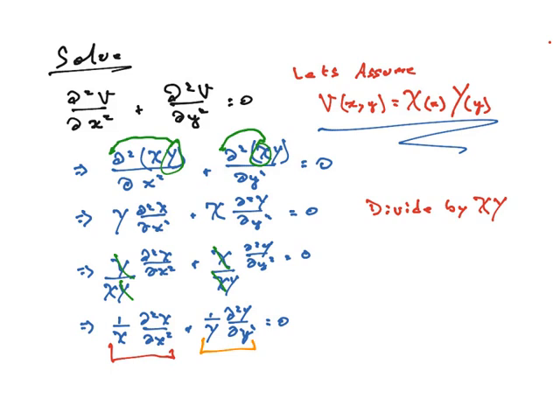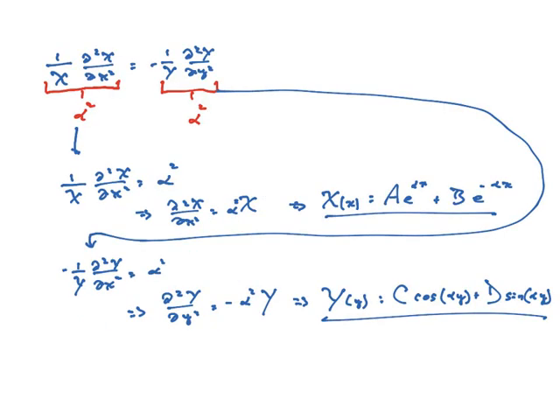Once you have that, you have the sum of terms, but each term only depends on its own individual independent variable. And the only way for the sum of these independent functions of independent variables to always be equal to 0 for all values of those variables is if each one of those terms is equal to a constant.